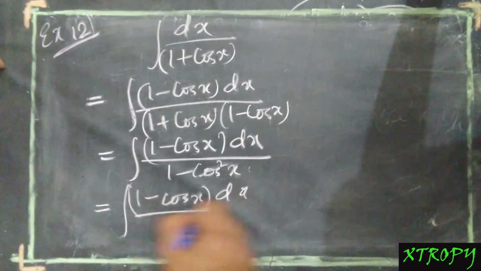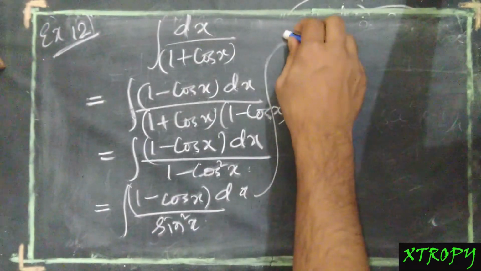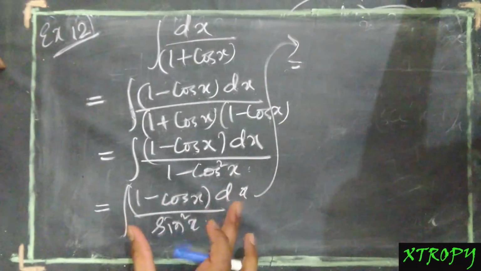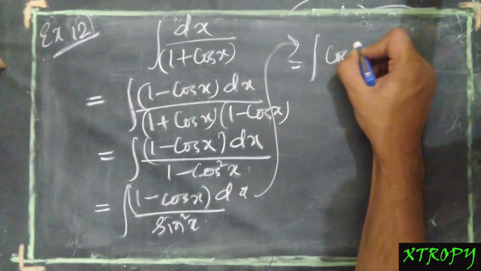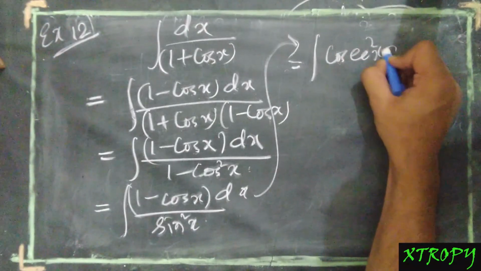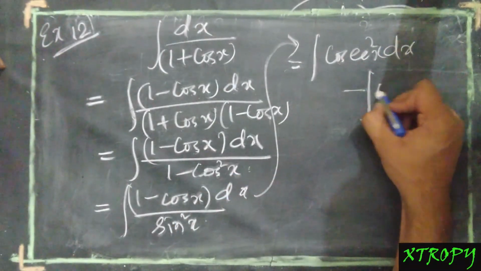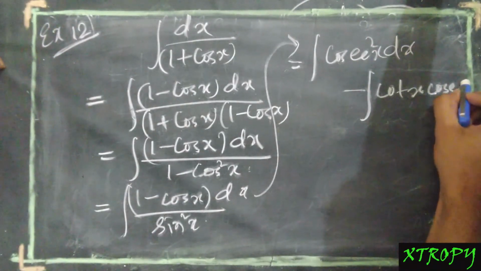So this becomes 1 minus cos x by sin square x, right? I am continuing it over here. If you separate the numerator into two terms, this becomes 1 by sin square x, that is cosec square x dx, minus cos by sin will become cot x and another sin will become cosec x.